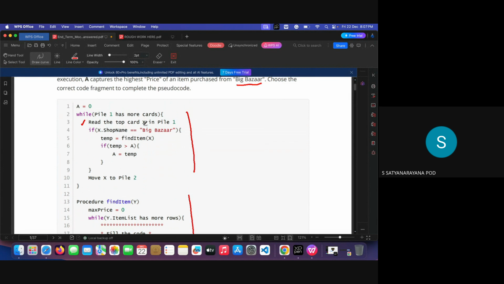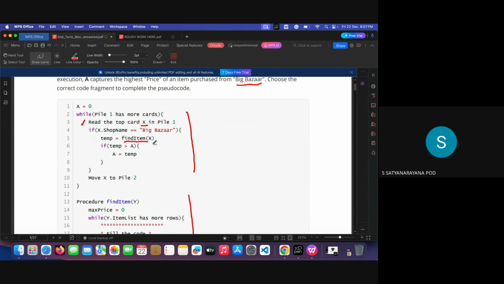The card is X. Whenever the card's shop name is Big Bazaar, and not SV stores or some other store, this procedure is called. The card means the bill. So this procedure takes the bill as a parameter.